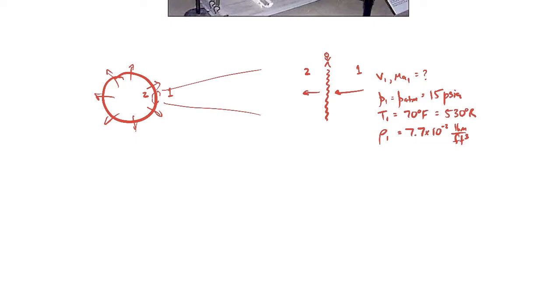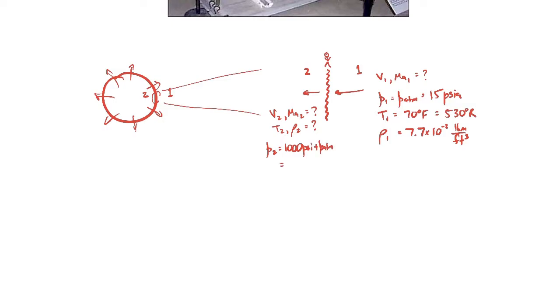And then when we go through the shock wave, the velocity and Mach number downstream are currently unknown. Temperature and density downstream are unknown. We're going to try to find these. But we do know the pressure. We'll say that the pressure goes up by 1,000 psi, so it's 1,000 psi plus P atmospheric.